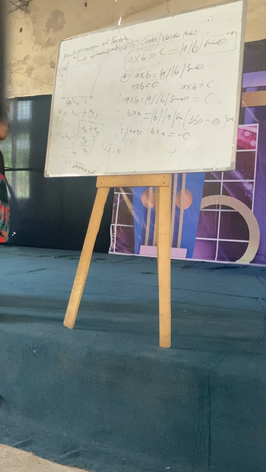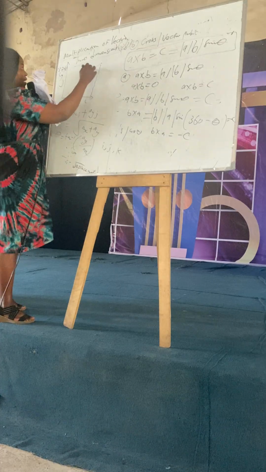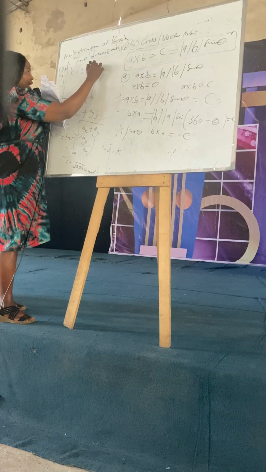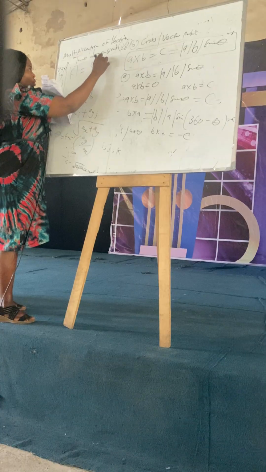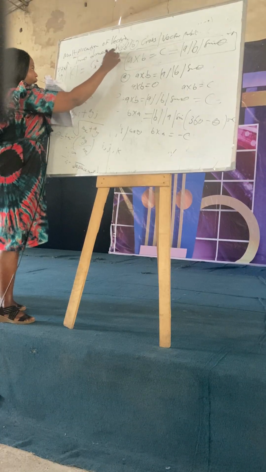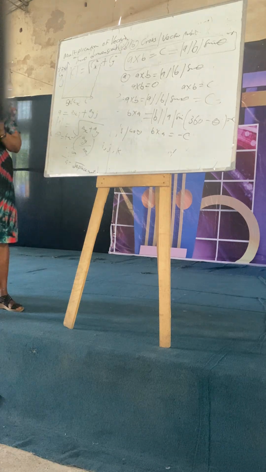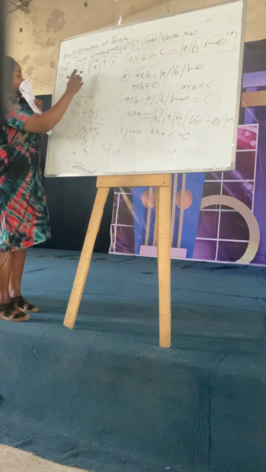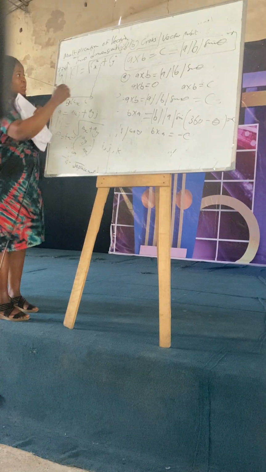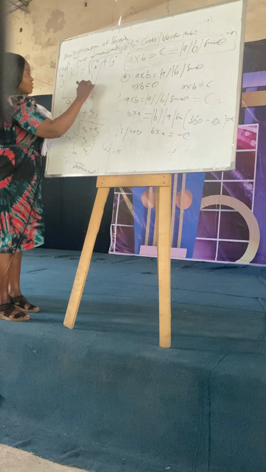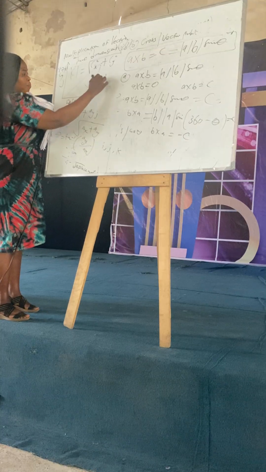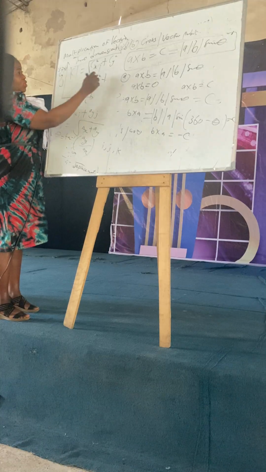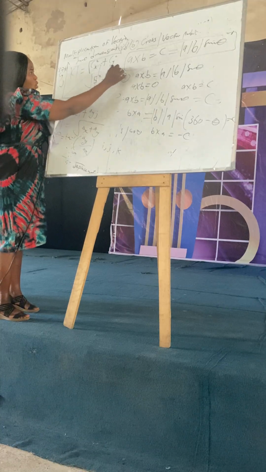The magnitude of C is equal to the square root of Cx squared plus Cy squared. When you put in the values, Cx is 5 Newton, so 5 Newton squared plus Cy, which is 8.7 squared, all under a square root.